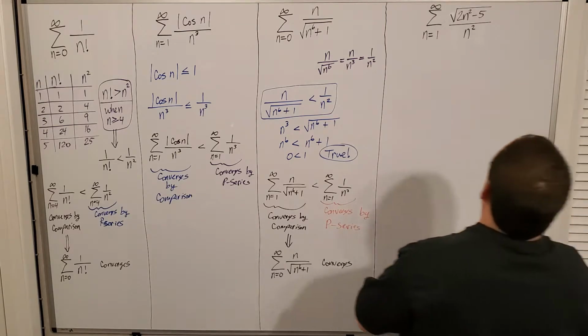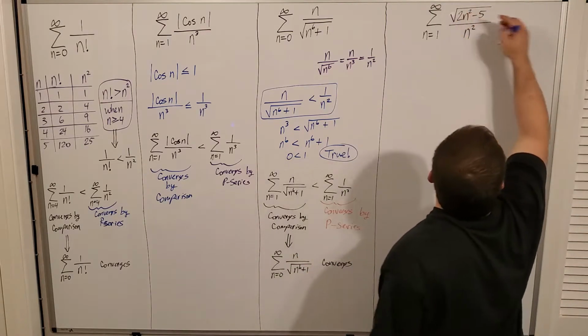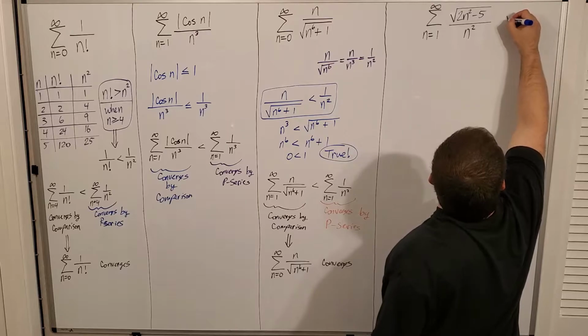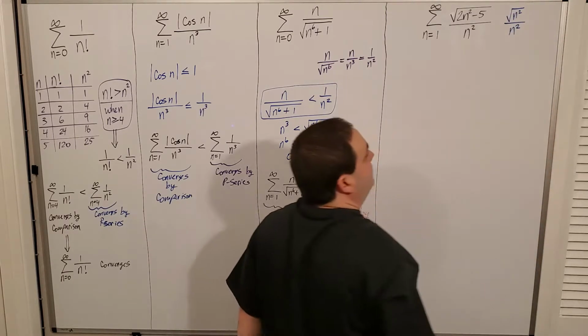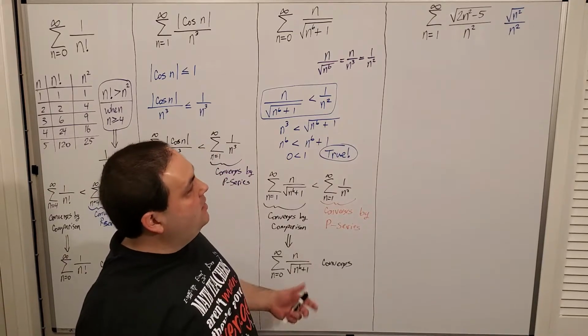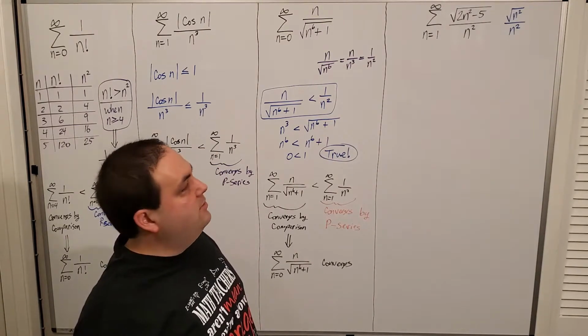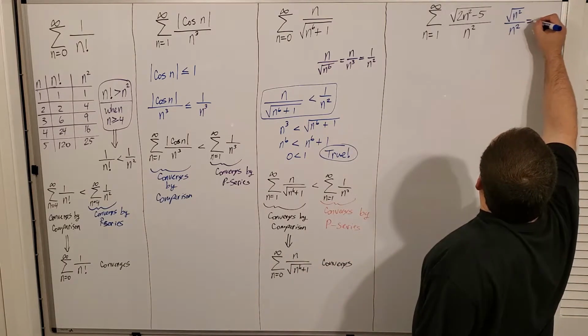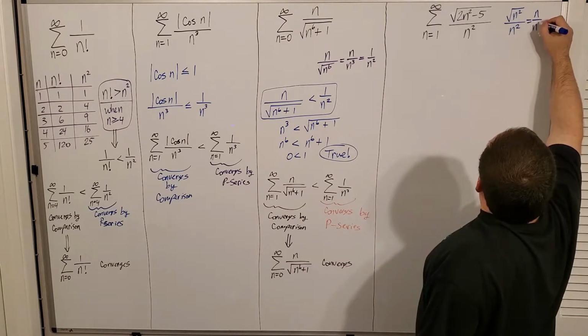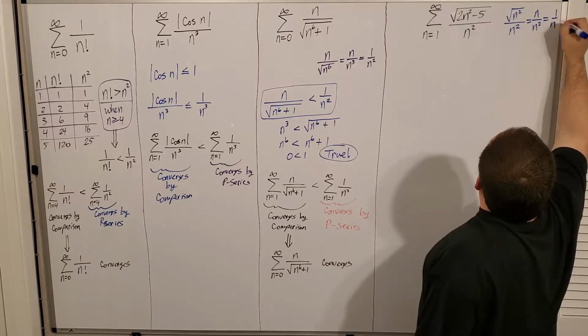Okay? So what I'm going to do is I'm going to pretend for a moment that what I'm looking at is the square root of n squared over n squared. And again, n is positive all the time, so I'm not worried about absolute value implications here. Which is going to give me n over n squared, which would reduce to 1 over n.